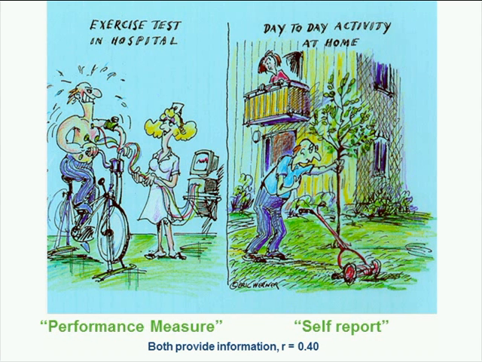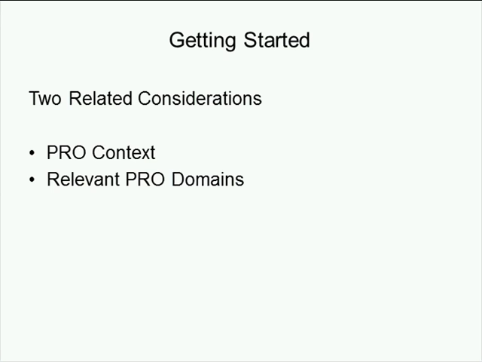People do a good job of reporting how they're performing physically, but what they say about how they're doing does not always agree completely with actual tested performance, and there are a lot of reasons for that. Rather than say one is more valid than the other, because we really don't know which one is more valid, we consider both to be providing important and correlated, but also somewhat distinct information. So they both have value in the clinical research setting.